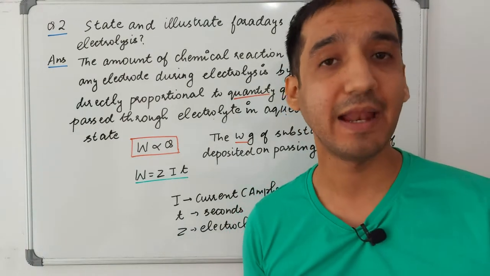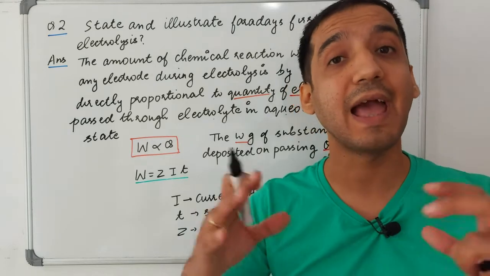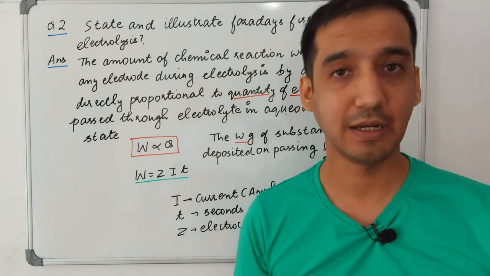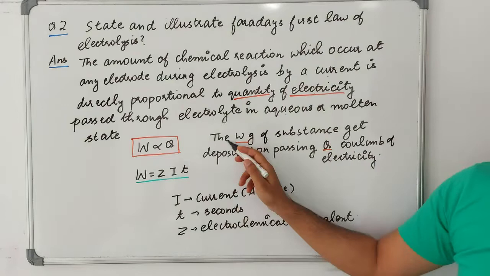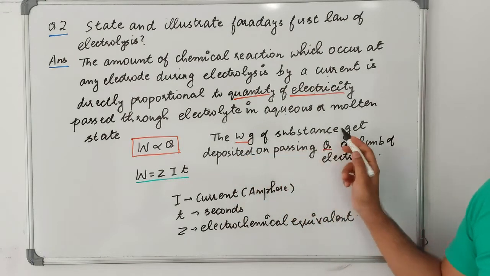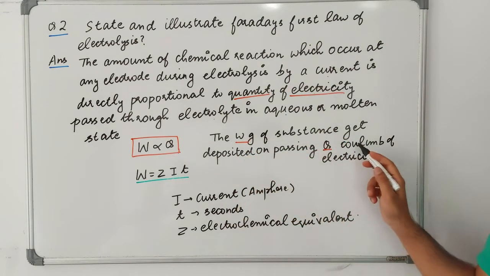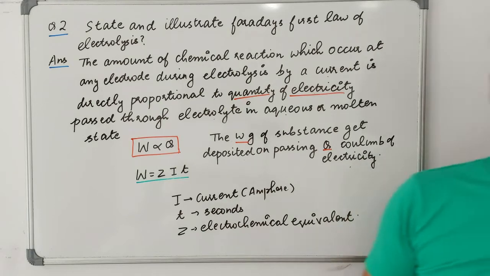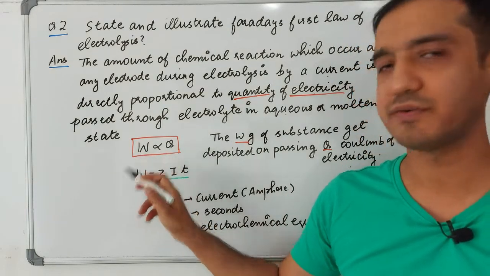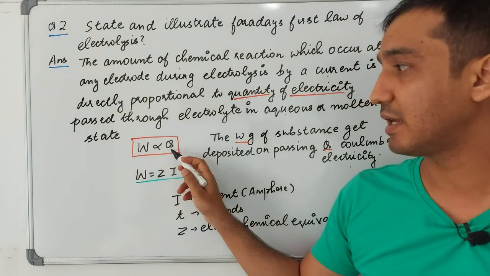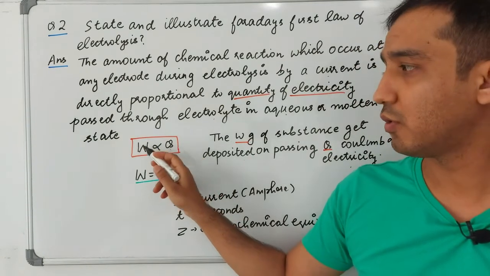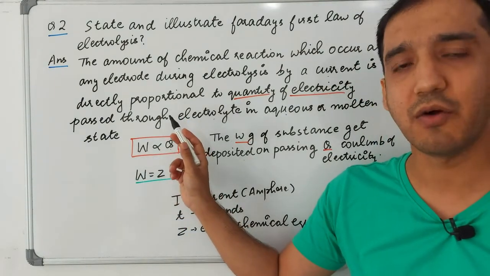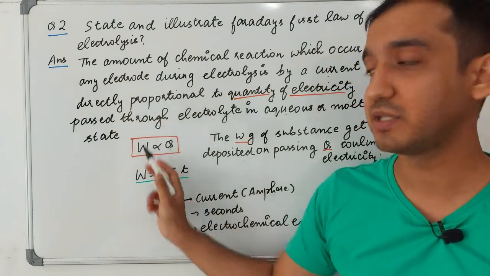Suppose you can take NaCl in water, or you can take NaCl in molten state. Next, W gram of substance gets deposited on passing Q coulomb of electricity. So if you increase the quantity of electricity, the substance getting deposited will also increase.